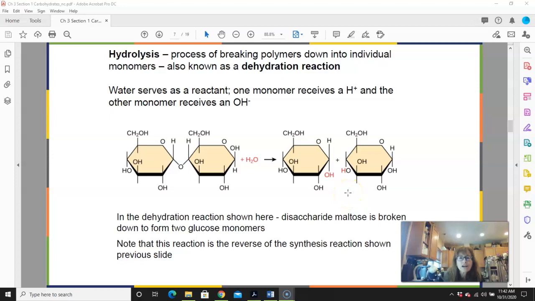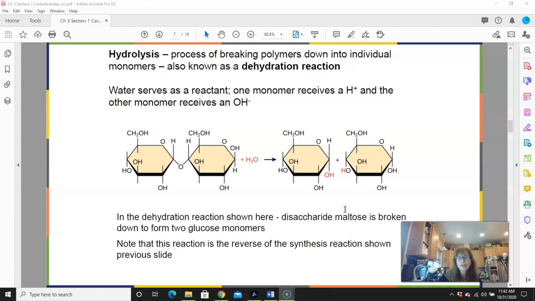That is called a hydrolysis reaction. Sometimes it's also called a dehydration reaction. I like the term hydrolysis better because it doesn't get us confused with dehydration synthesis. So dehydration synthesis is putting together, and hydrolysis is breaking apart, both involving water.